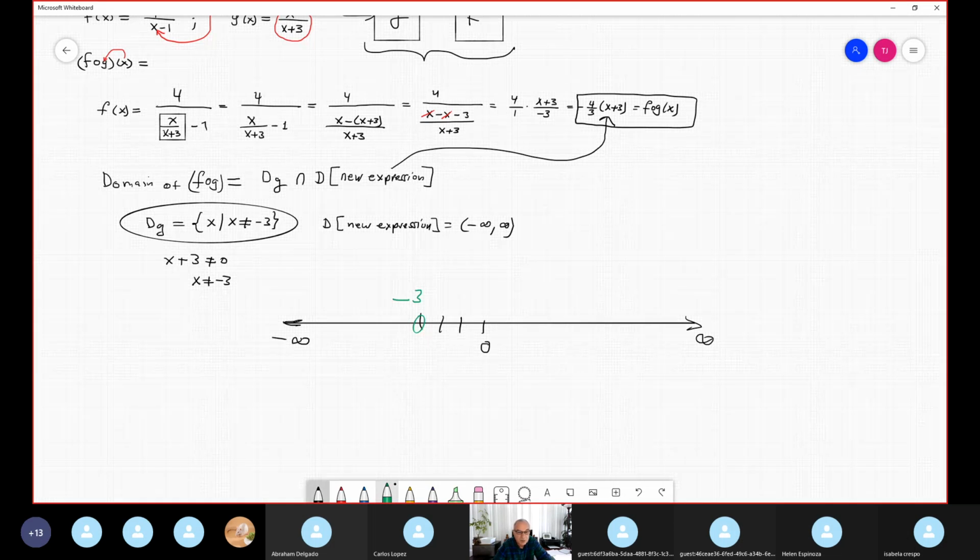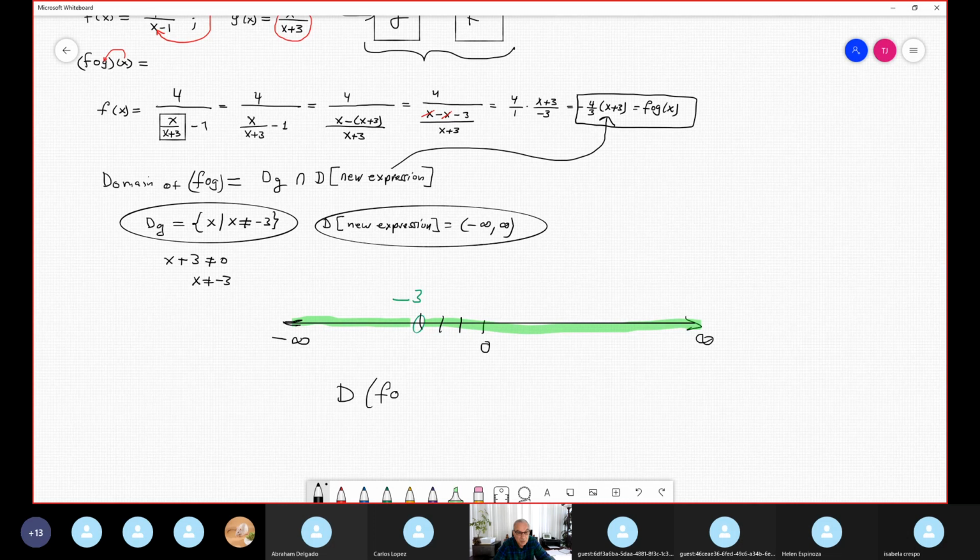And for this, we have no restriction, all real numbers. Therefore, the only bad guy we have in this game is negative 3. So the domain is this interval and this interval, two intervals. Therefore, the domain of the function f composition g is from negative infinity, comma, negative 3, union negative 3, comma, infinity. Super fantastic.